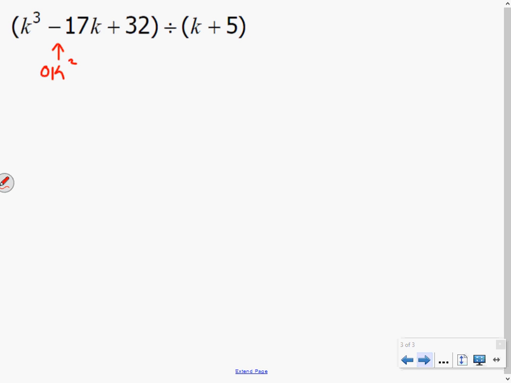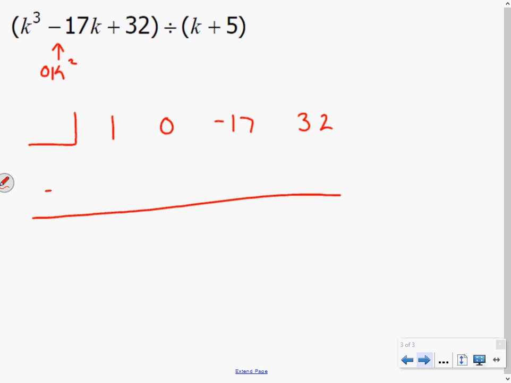So we need to have that 0k squared there because it's going to be included when we list out all of those coefficients. So again, we're going to figure out, all right, what number are we putting in our box here? We know the coefficients are 1, 0, negative 17, positive 32.